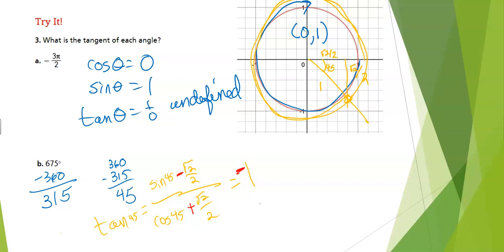It breaks the law. Now, 675, I drew it around once, that would be 360, and then I go around 315, which would take me here. Once I'm here, I realize I'm only 45 degrees back to 360 again, and I did a little math over here. Since it's a 45-45 triangle, the sides are going to be the same.